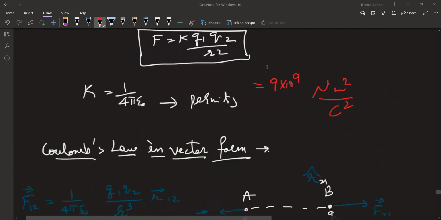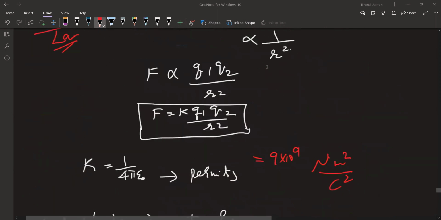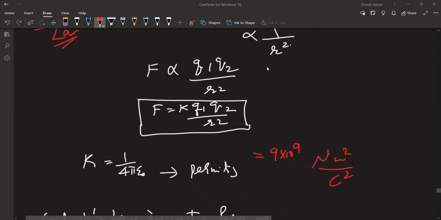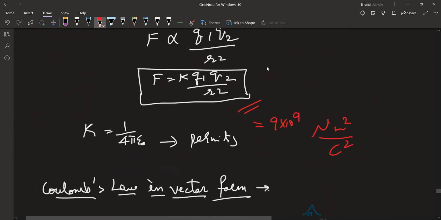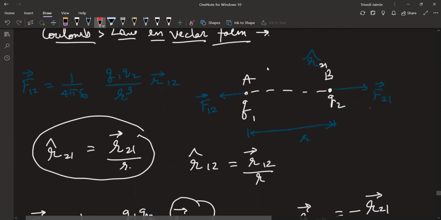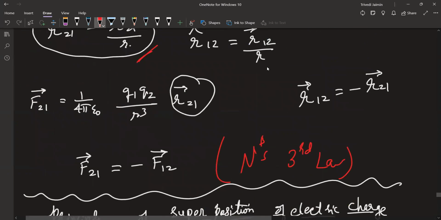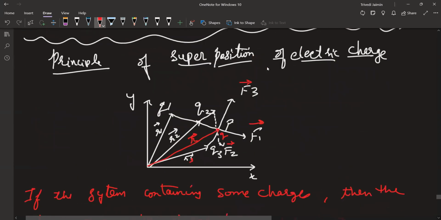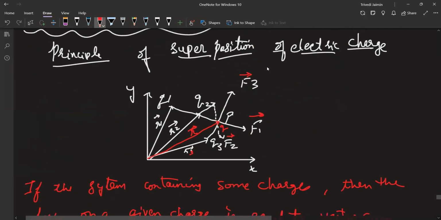I think these properties are simple. You know these properties, right? And this formula also you know. Q1 by Q2, it's similar to the gravitational form. This is vector form, like you're finding in Coulomb's law in vector form. For this, R cap 21 will be equal to R vector 21 by R. What does this mean?